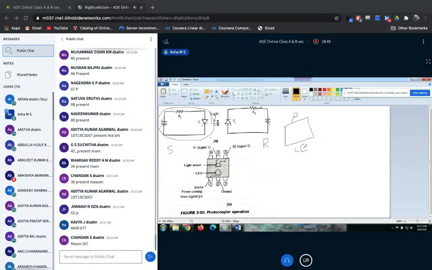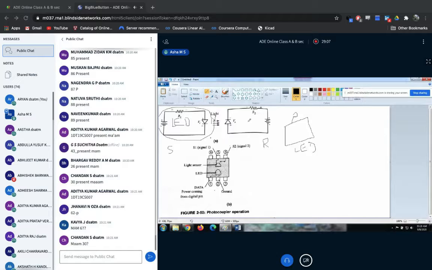You can see here this is an LED. Anode is connected to positive. You know LED works in forward bias. Cathode is connected to negative. So which source do we normally use? We normally use LED as a source for this optocoupler.